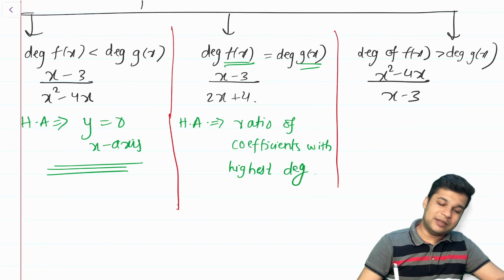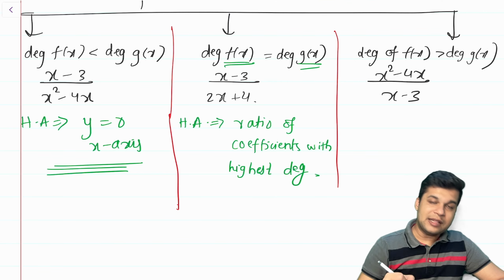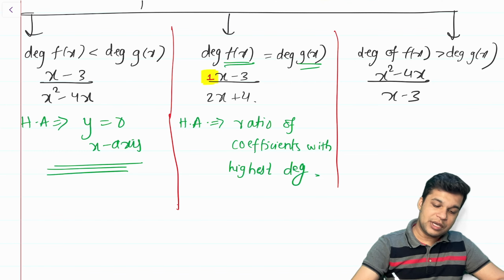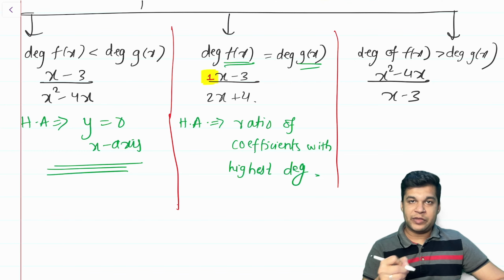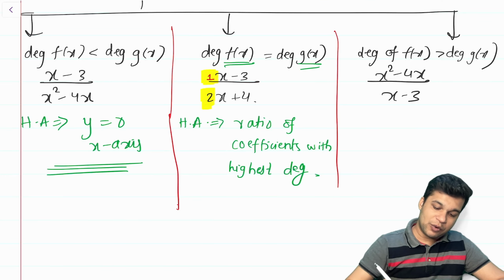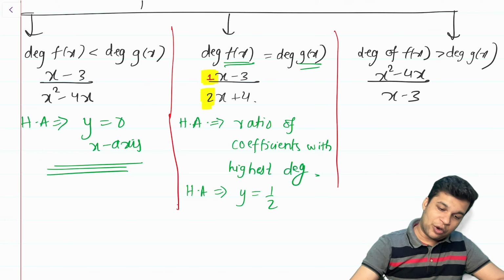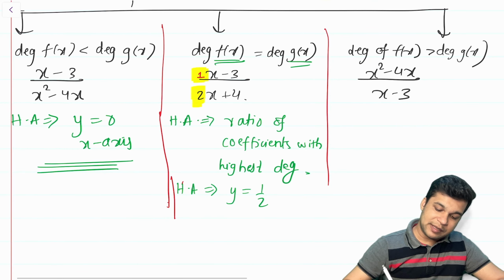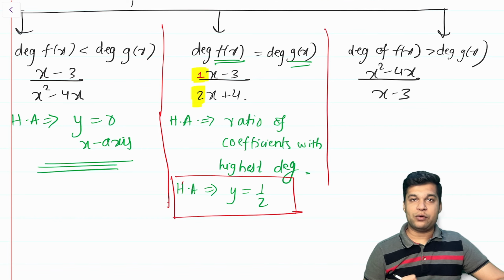What I mean to say is, you see that the degree is 1, right? The coefficient is 1 here. In the denominator also the degree is 1, and the coefficient is 2. So the horizontal asymptote will be simply y equal to 1 by 2.